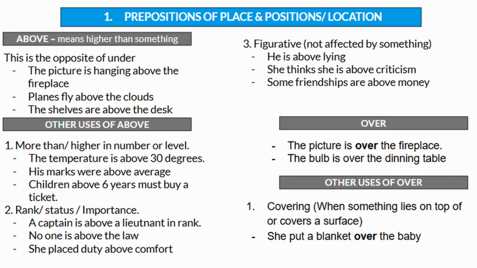Don't say she put a blanket on the baby. Of course, you can say it, but then you do not mean that the blanket is covering the baby. When you want to mean that the blanket is covering the baby, you change the preposition. Instead of on, you say over the baby.